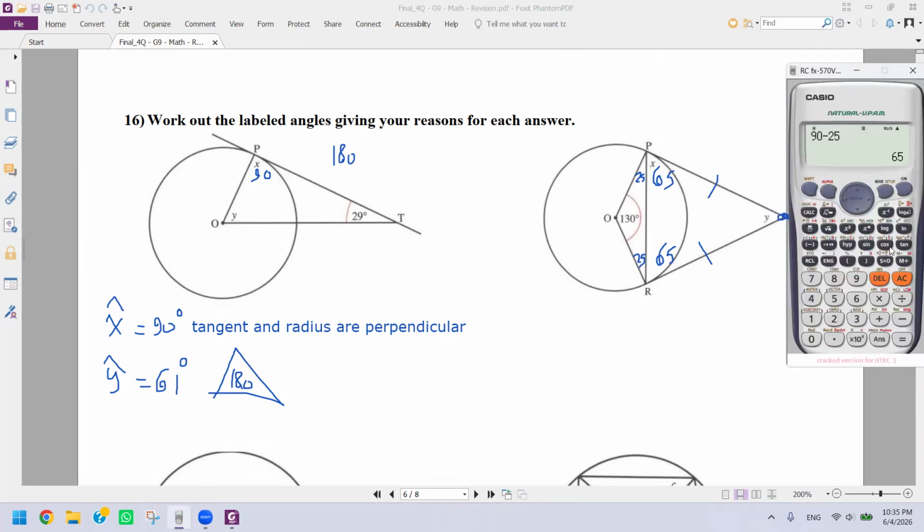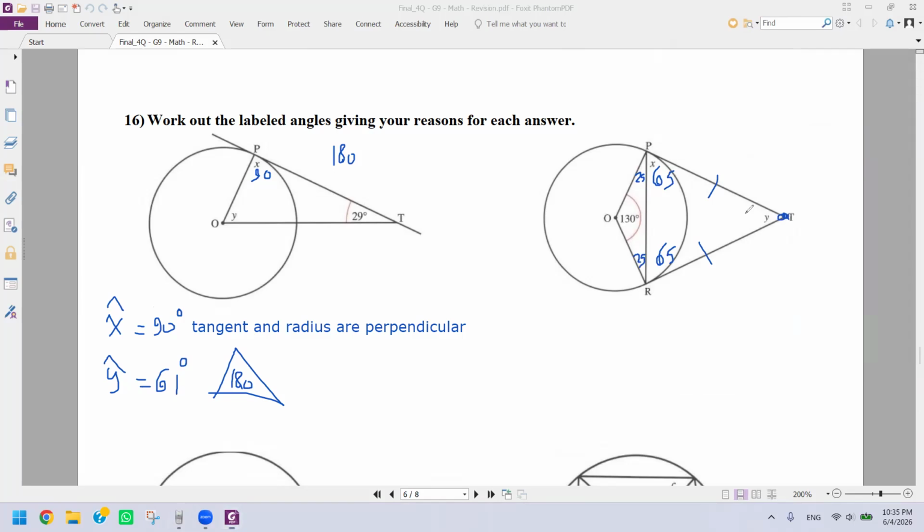So 180 minus 65 minus 65, which is 50. So Y is 50 degrees and X is 65 degrees.